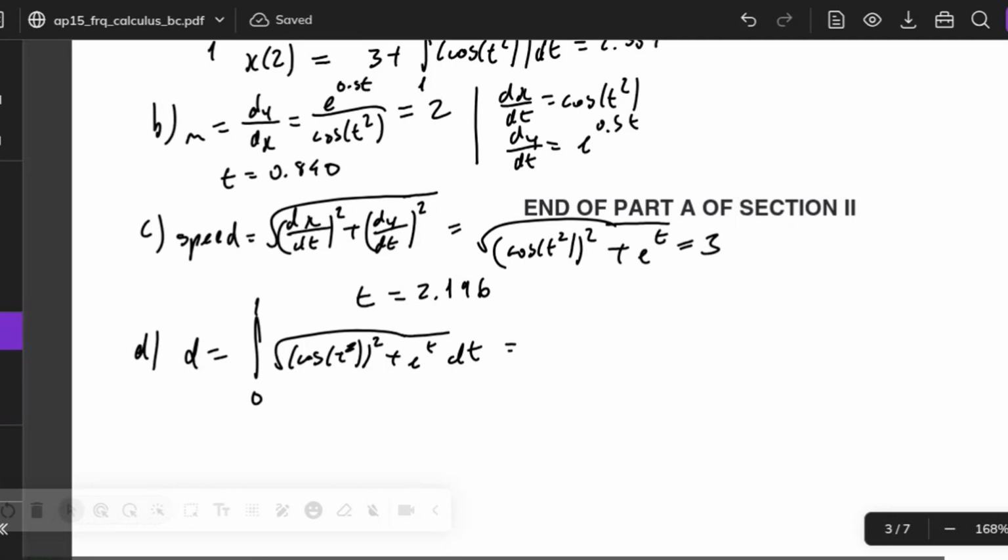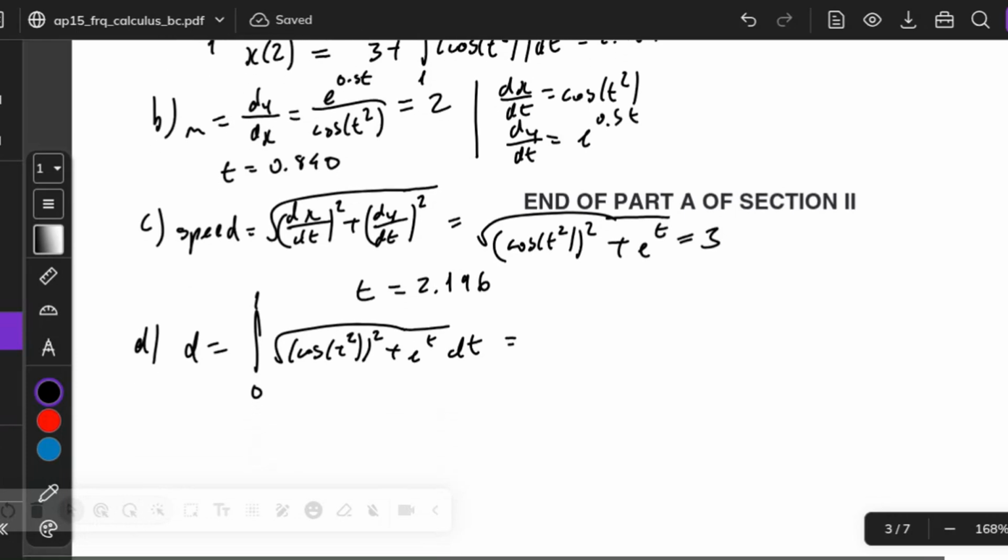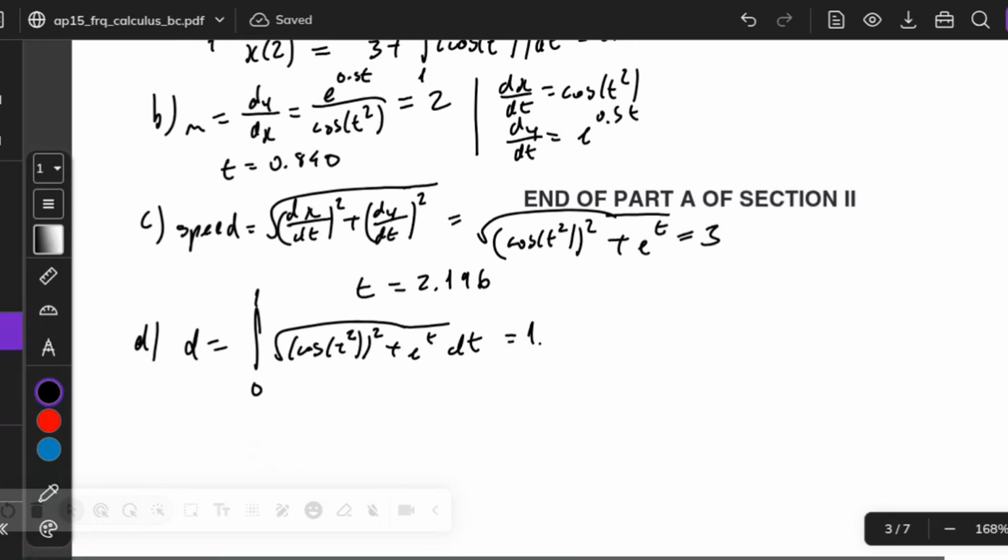And for this one, you just need to plug it into the calculator and you'll get your answer. Your answer should be 1.595, or 1.594 if you truncate your answer.